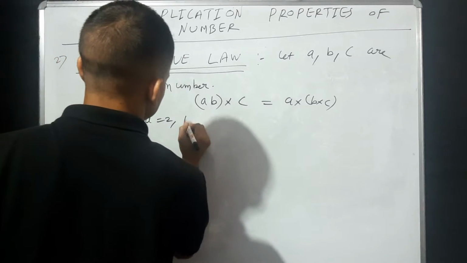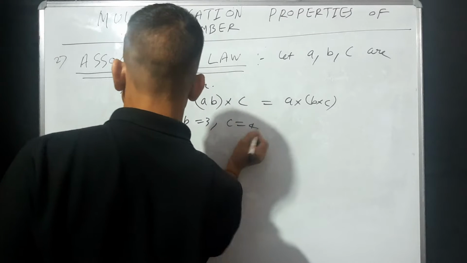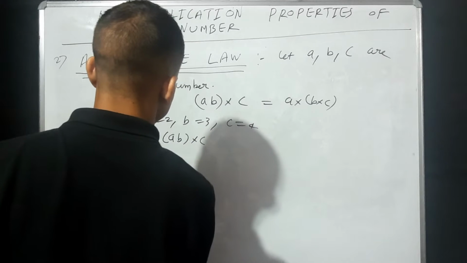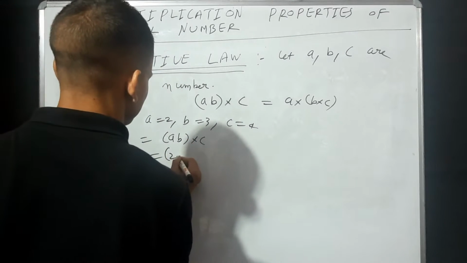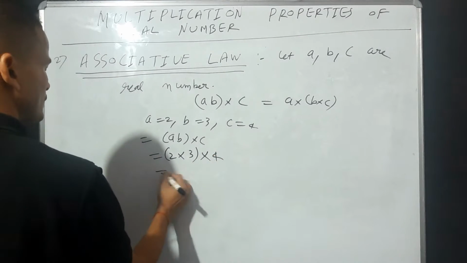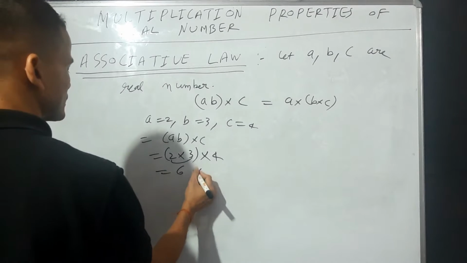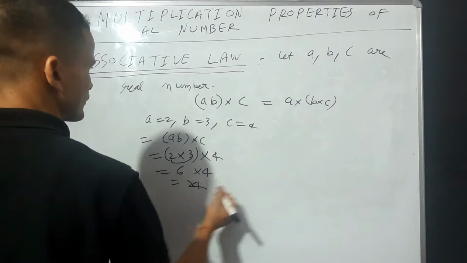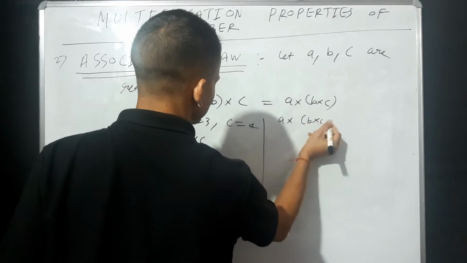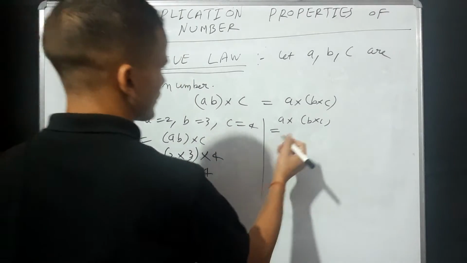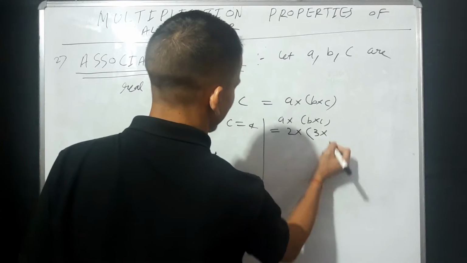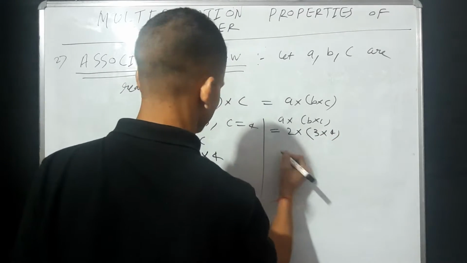Take A equal to 2, B equal to 3 and C equal to 4. First we multiply A times B, then multiply by C. The value of A is 2, B is 3, and C is 4. When we multiply 2 and 3, we get 6, and 6 multiplied by 4 is equal to 24. Now we take A multiplied by B times C. A is 2, B is 3 and C is 4.